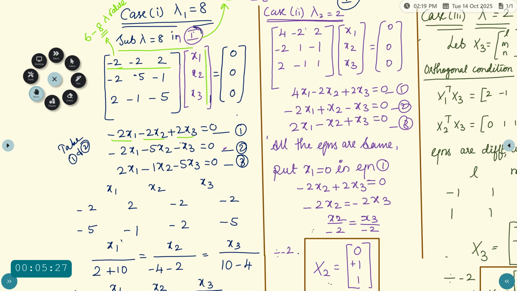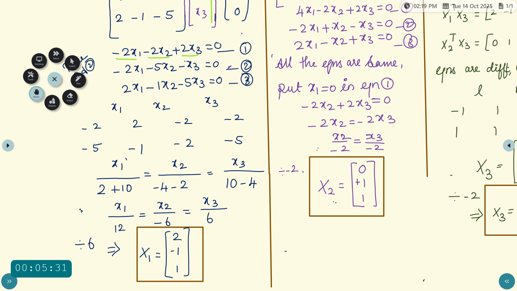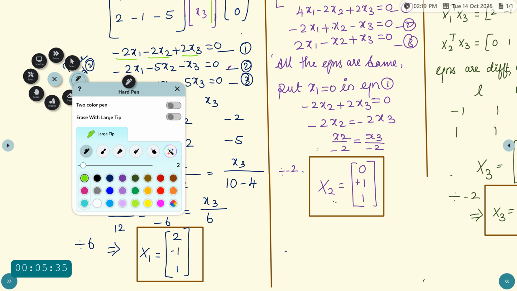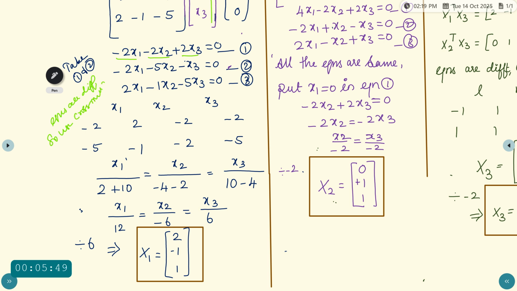Similarly, we can form three equations. Now you can see whether the three equations are different or same. Here the equations are different. So we are going to use the cross multiplication rule. X1, X2 and then X3.